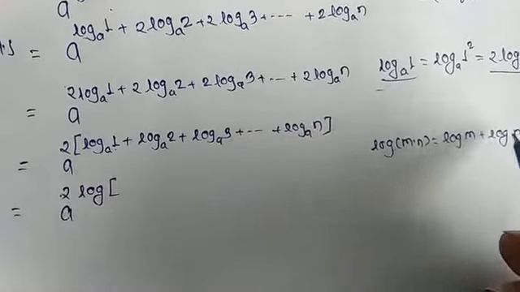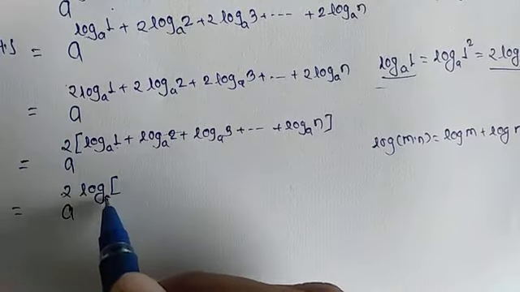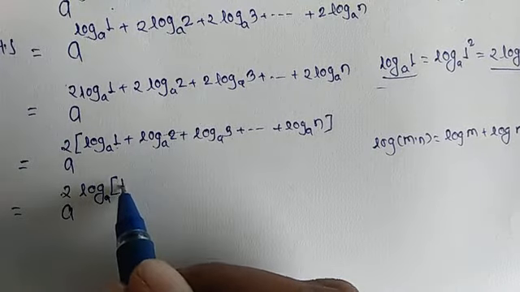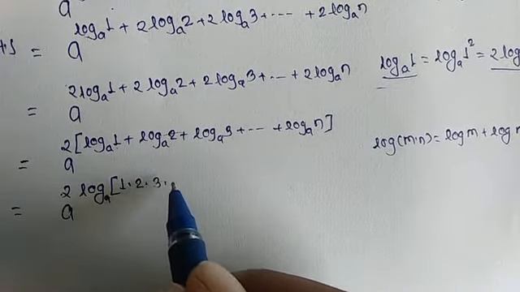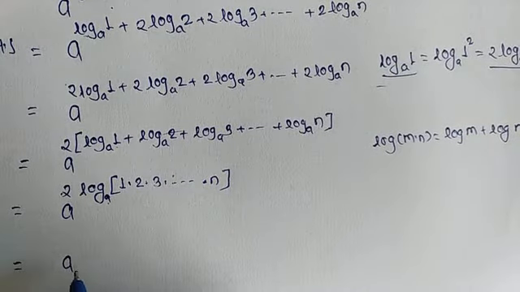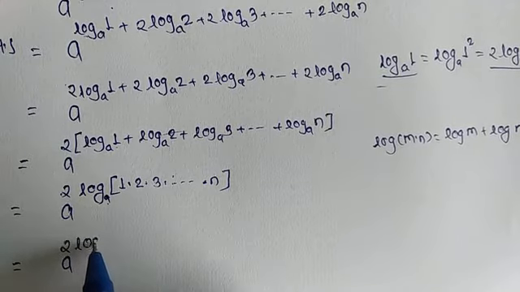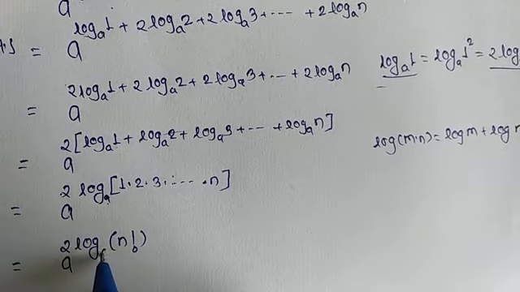So by using this rule we can write here log of 1 into 2 into 3 into so on into n to the base a, which gives a raised to 2 log of n factorial to the base a.